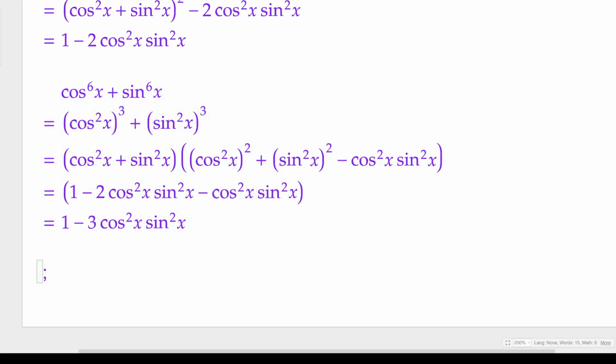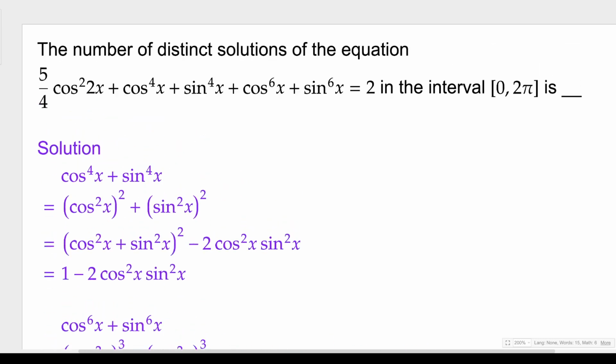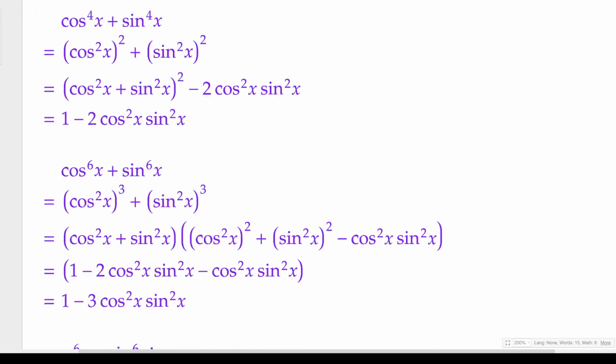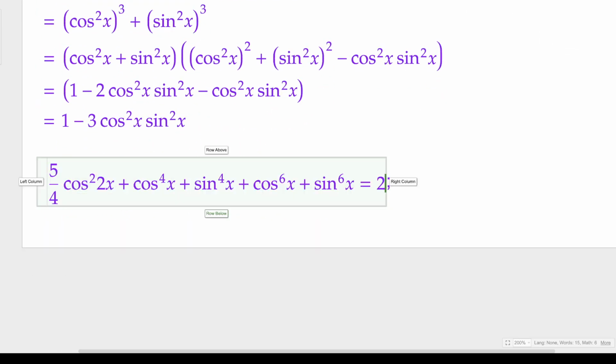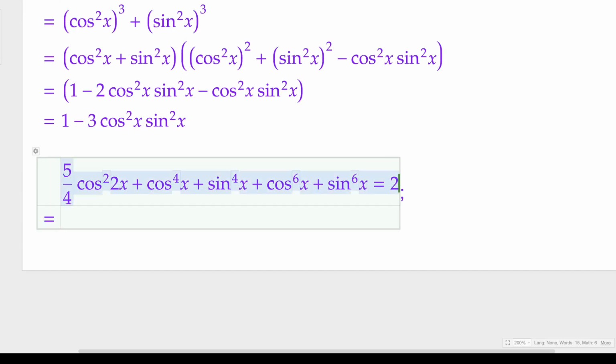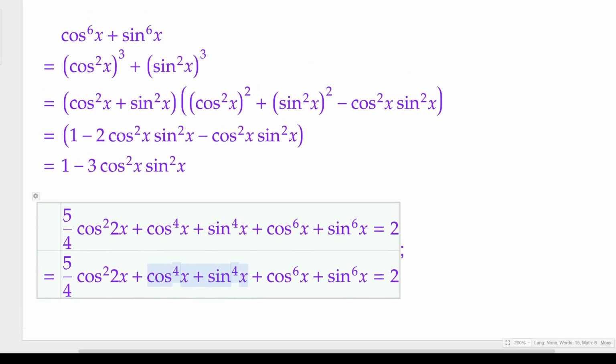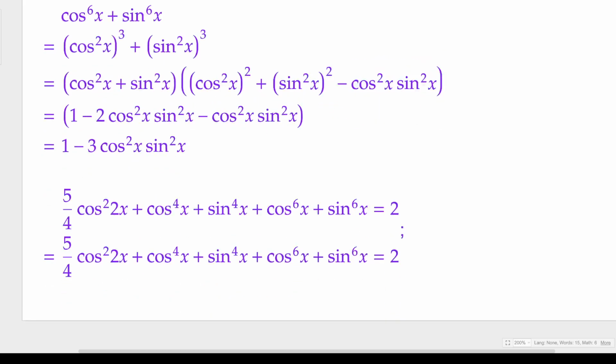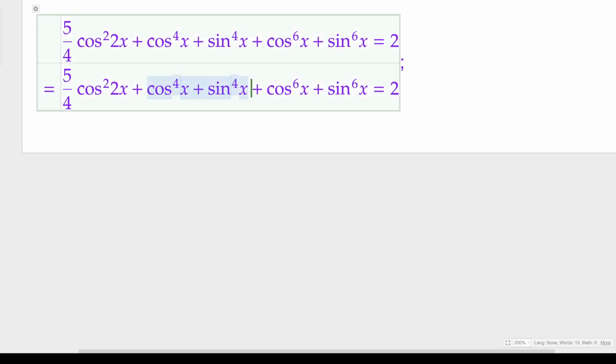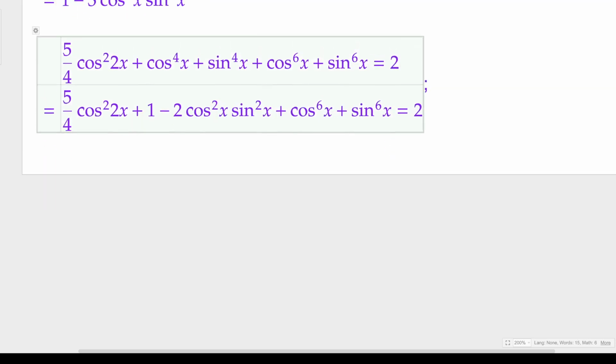Now I'll proceed towards my equation. This is the given equation, so let me replicate it as it is, and from here I'll start the simplification. This power 4 part I'll replace with 1 minus 2 times cos x squared times sin x squared.